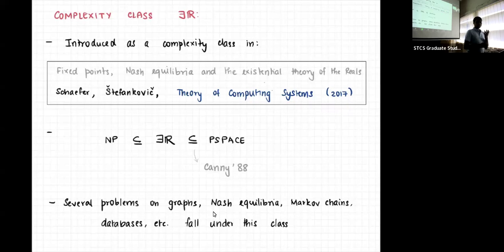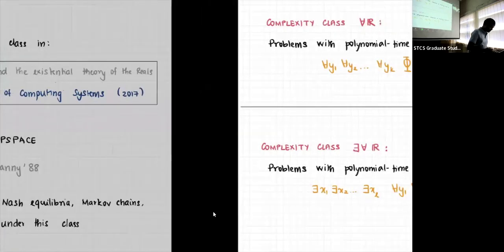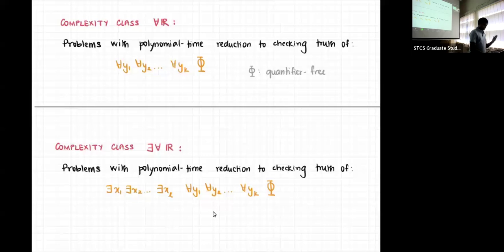Typically, when the answer is an irrational number, it smells of existential theory of reals or there exists for all. So you can extrapolate this. What is the complexity class there exists for all? It is a similar thing, but with an alternation of quantifiers, one alternation.